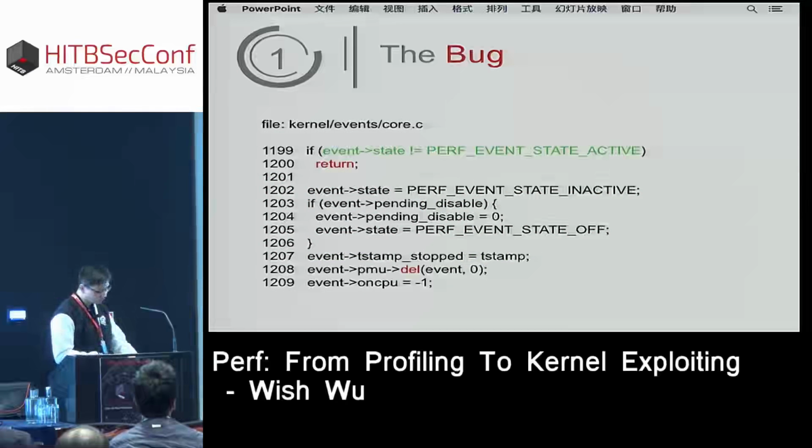If we set constraint_duplicate in user space and the state equals active, it will continue. If it doesn't equal, it will return. But I can set it to active when we close the file descriptor FD.